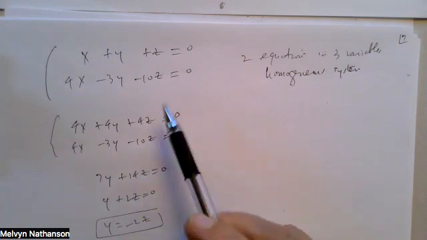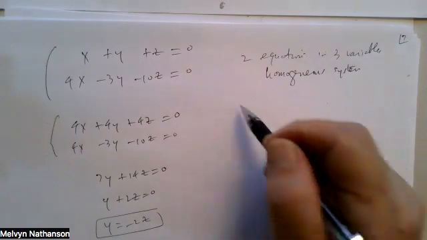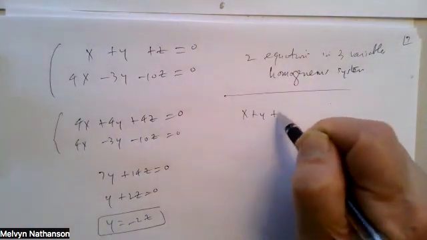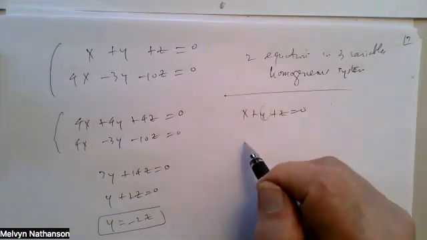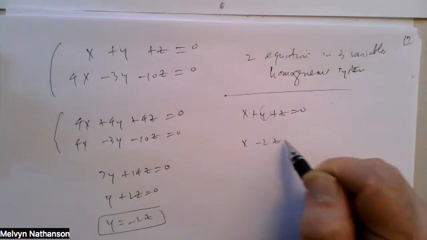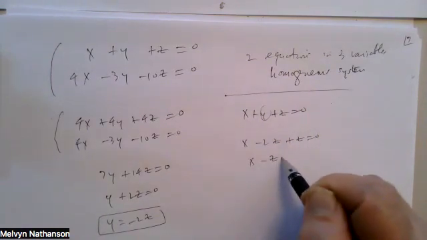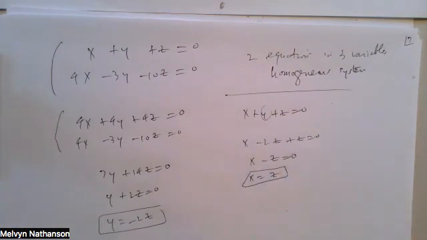So this tells me that for any solution of these equations, y has to equal minus 2z. If I look at the first equation, x plus y plus z equals 0, y has to be minus 2z, so x minus 2z plus z equals 0, or x minus z equals 0, or x has to equal z.